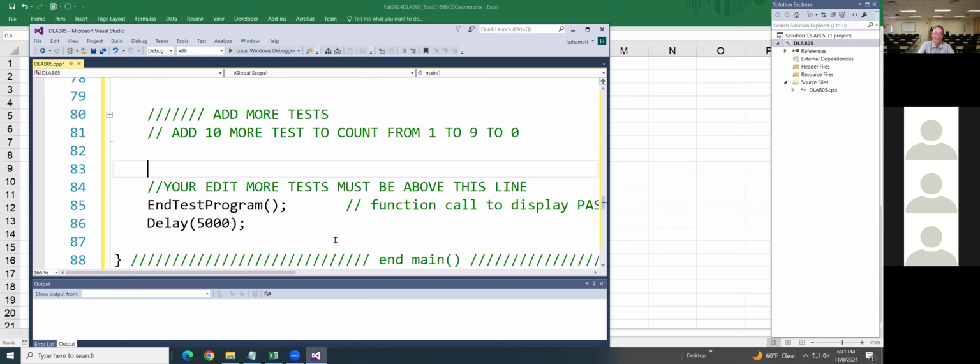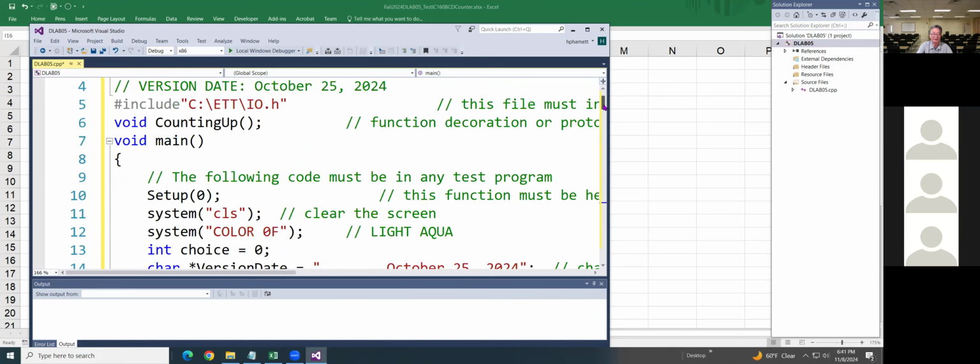However, last time we already talking about C++ function. So that's why I want to help you to get the function. First thing, you understand if you want to get the function, you have to get the declaration or prototype. Void, counting up. Void means no return.